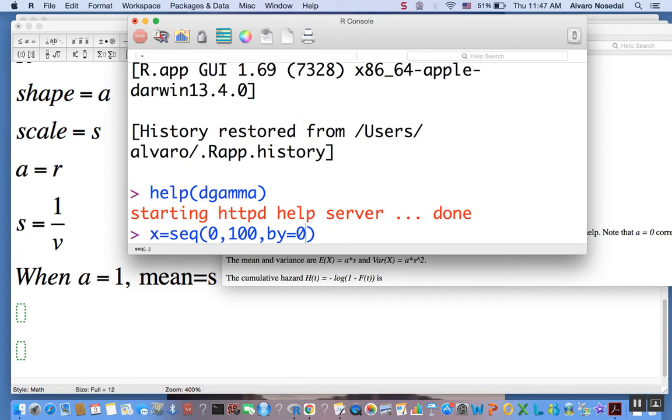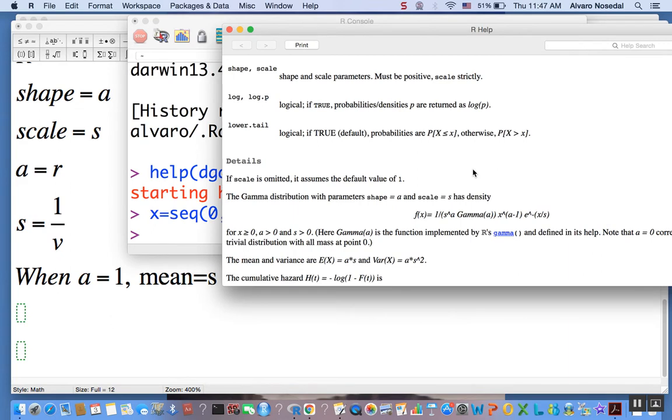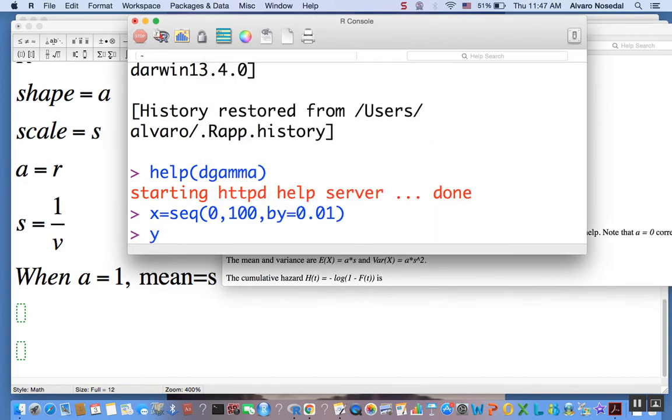and let's have a distance of 0.01 between the members of our sequence. As I said, we're going to use the expression that R uses, but we know there's a correspondence between their scale parameter s and our v. So y1 is going to be the gamma distribution evaluated at these points x.